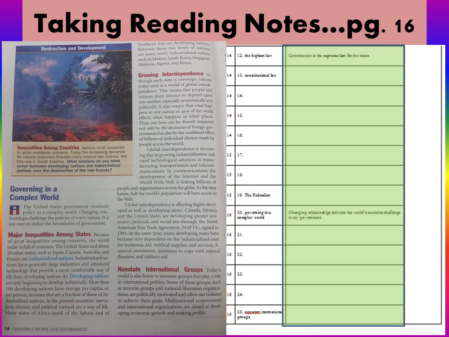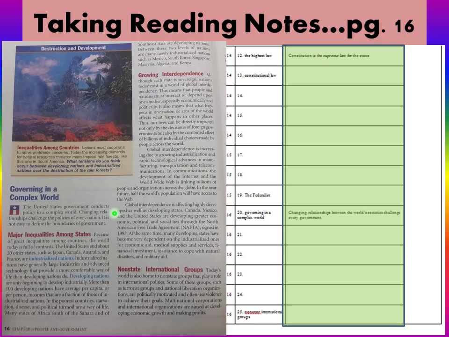Governing in a complex world. And I've done that for you. Changing relationships between the world's societies challenge every government. Okay, let's see what we got here. Okay, I'm starting to read. Governing in a complex world. The United States government conducts policy in a complex world.